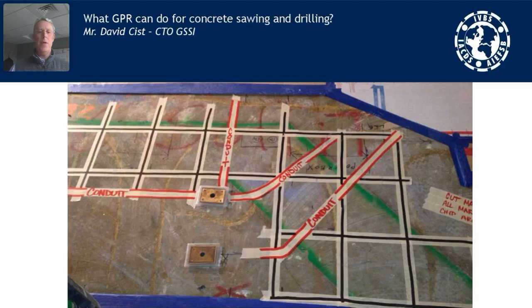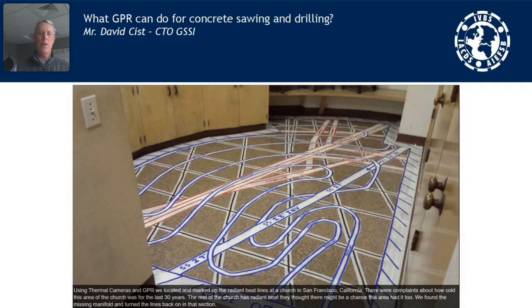So this is a typical and a beautiful example of how you would mark out a trench and be able to save yourself some time and money by not cutting things, and by going slowly where you need to go slowly and quickly where you can go quickly.